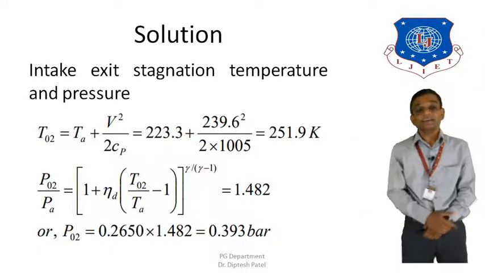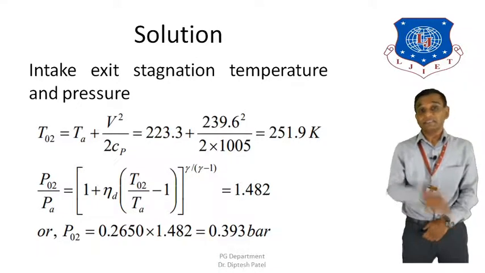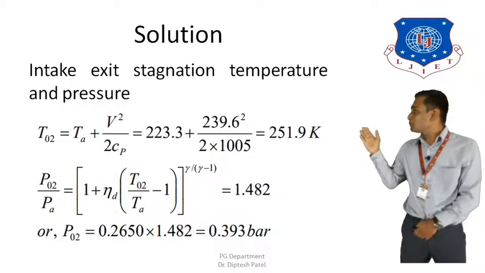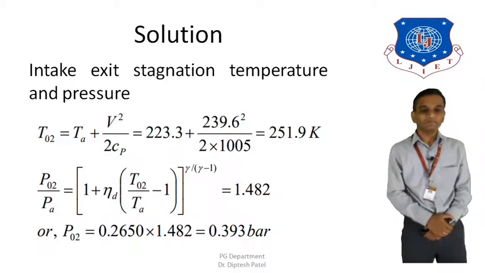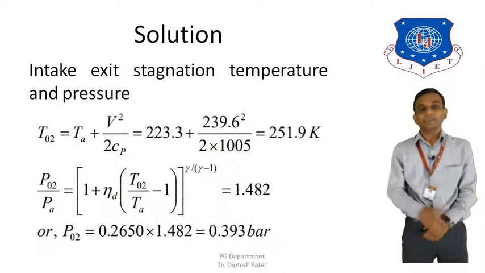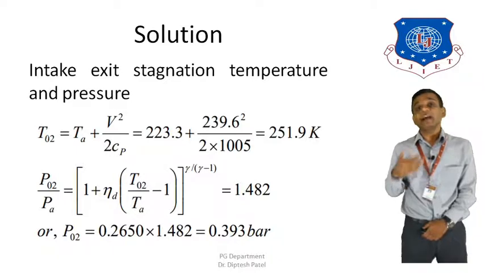The inlet temperature given is 223.3, then V that we have just found, 239.6, squared, divided by 2Cp, which is 2 into 1005. On the basis of that we get the outlet temperature of the diffuser, and that is 251.9 Kelvin. Similarly, let's find the pressure ratio between the inlet of the diffuser and the outlet of the diffuser.